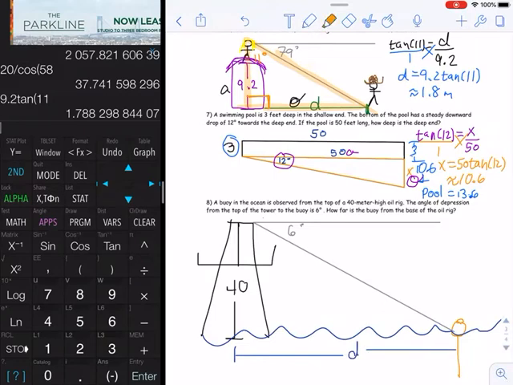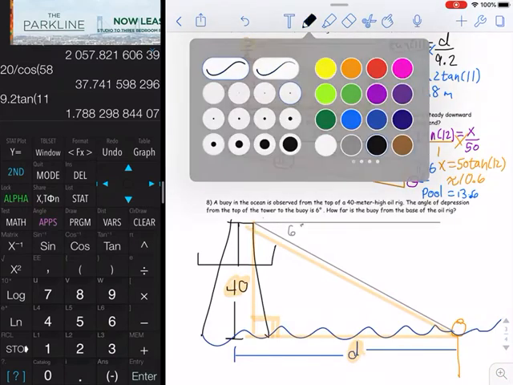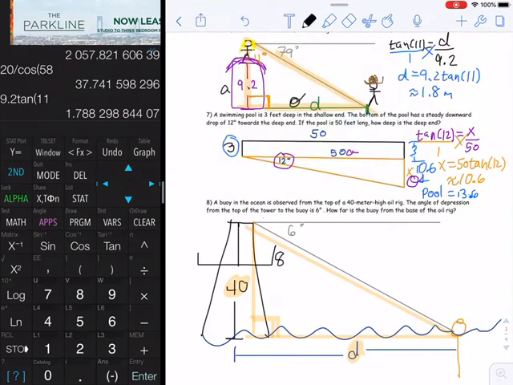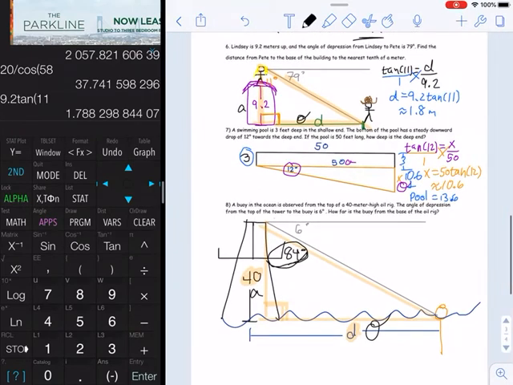So what I'm going to do is just redraw this nice and pretty, or at least make it more concrete. Alright, so we got a 40, we got D. Now to translate this angle of depression, that's going to be 84 degrees right here. So another opposite and adjacent.